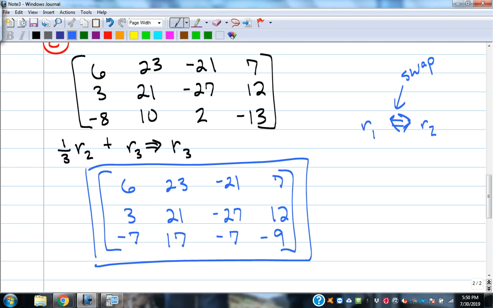The double arrow means swap. That one doesn't come up very often, especially in Math 110, because we're not doing a whole lot with row operations. If you were in that linear algebra class, you would be doing a lot more with row operations by hand. We're just following some instructions about row operations with matrices, because we're a broad stroke of math stuff in 110.